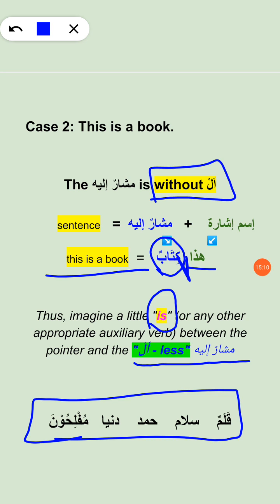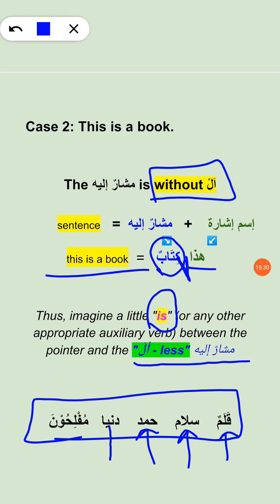Haza qalamun, this is a pen. Haza salamun, this is a greeting, for example, or a peace. Haza hamdun, this is a praise. Then similarly, hazihi dunya, not hazihid dunya, because that would mean that it is a phrase.